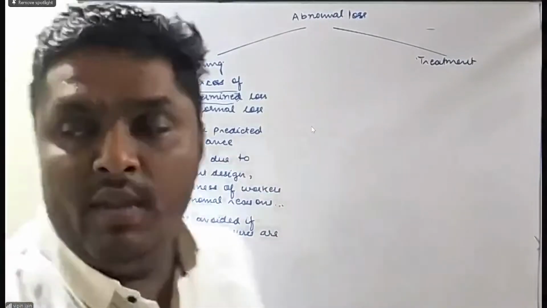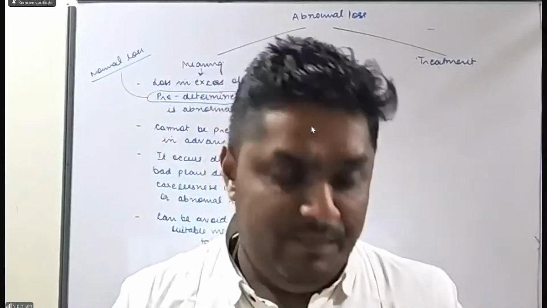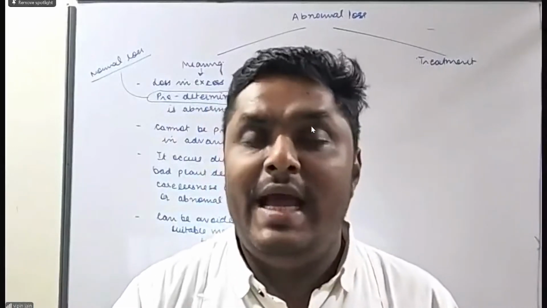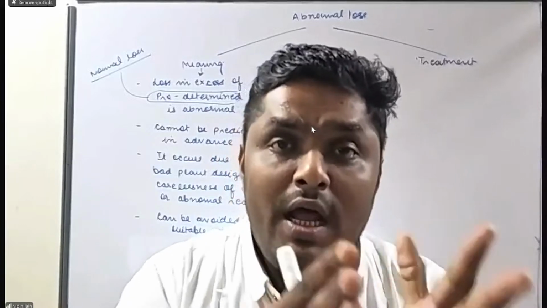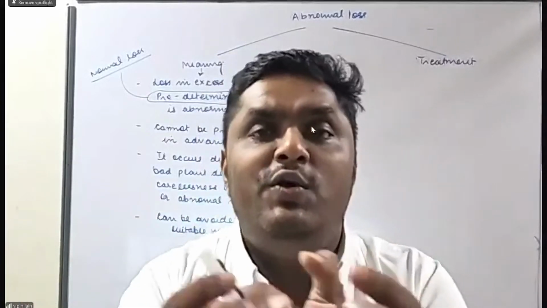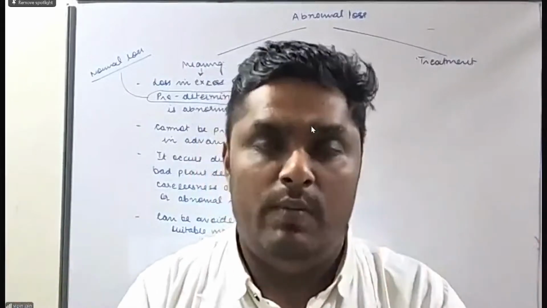Let me discuss this concept with the help of an example wherein, as I said, I am in the business of manufacturing potato chips from potatoes. Now, if any potatoes are damaged during the course of loading or unloading, we can say it is normal loss.